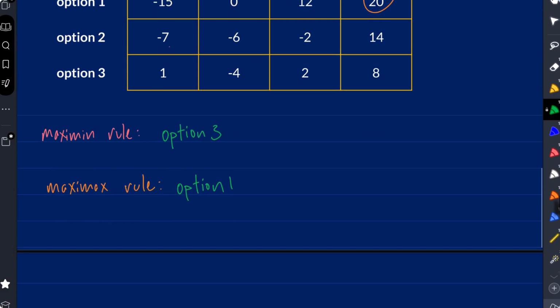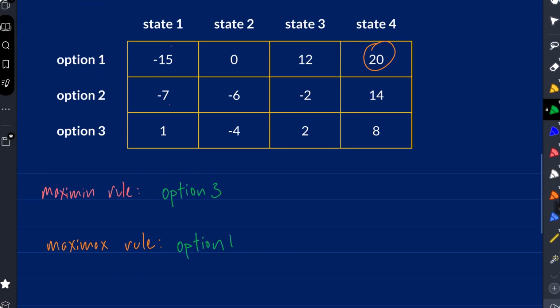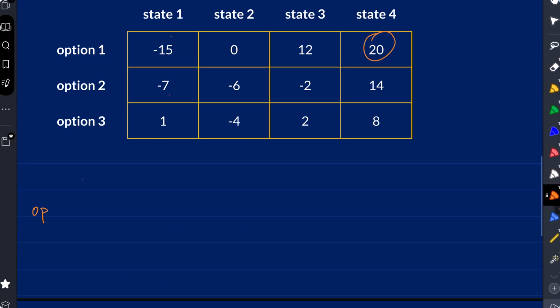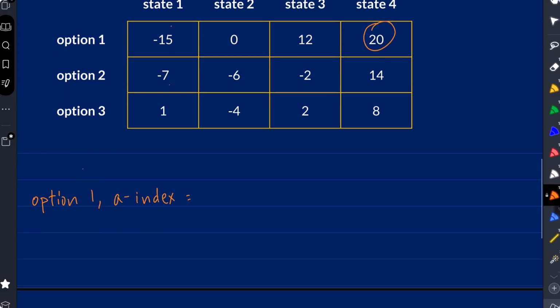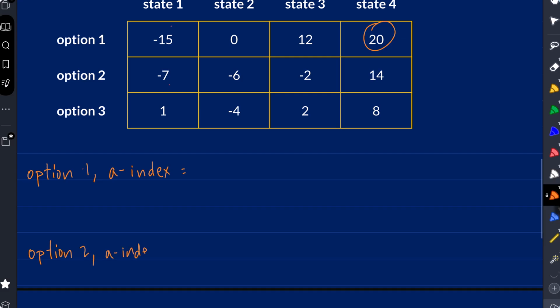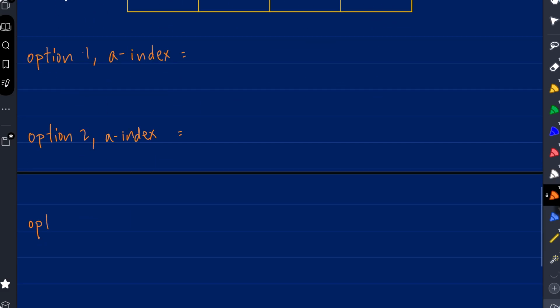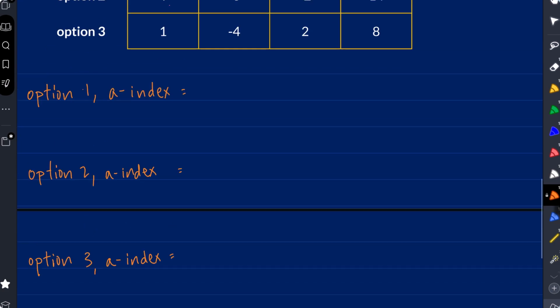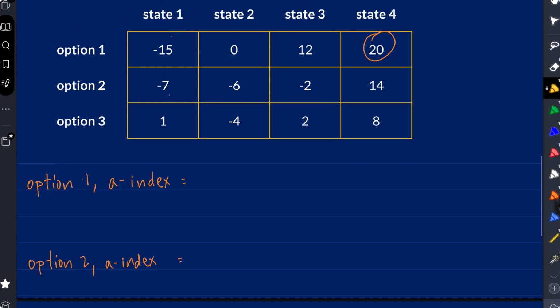Okay, now to use the rule, the optimism-pessimism rule, we need to calculate what we call an A index for each option. Okay, so we can set it up this way.